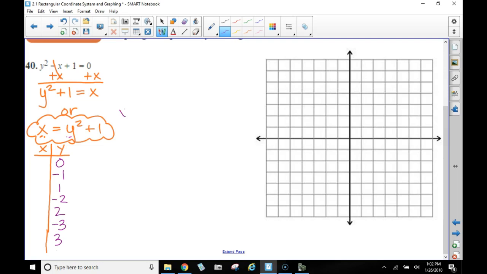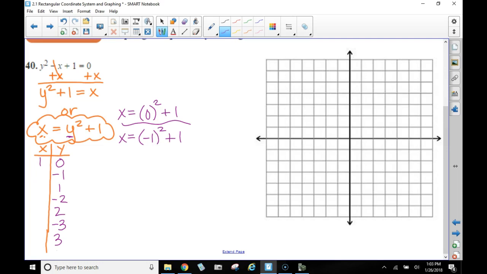So our formula says x is going to be equal to the y value squared plus 1. So 0 squared is 0. When I add 1 to that, x is 1 when y is 0. The next relationship is what is x when y is a negative 1. So I'm putting my chosen values in for y, squaring them, adding 1.